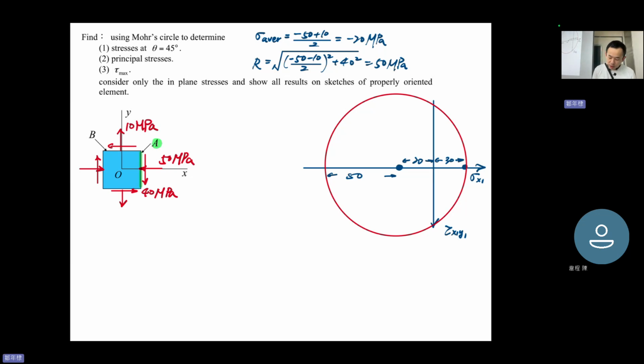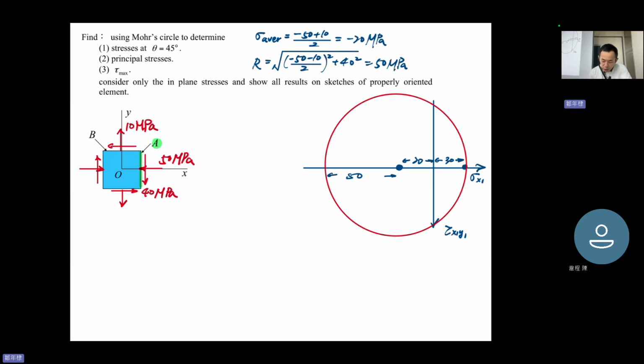So last time we talked about how to draw a Mohr circle, right? And this is the question. The question was the compression 50 megapascal and tensile in y direction 10 megapascal and 40 megapascal for shear.